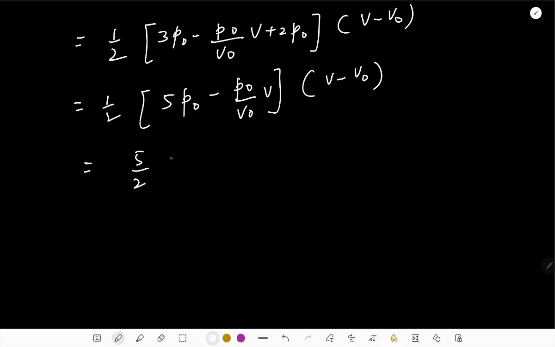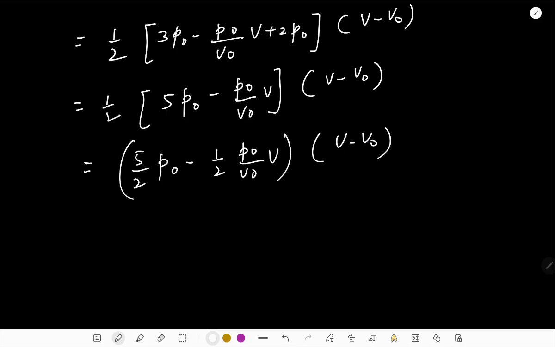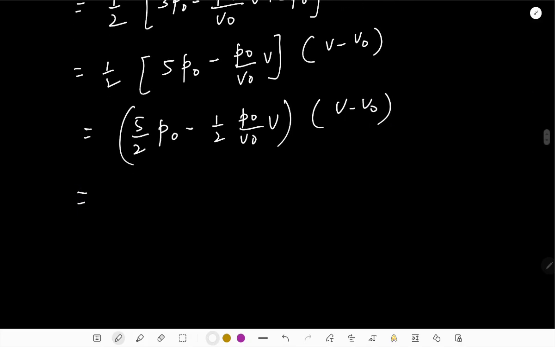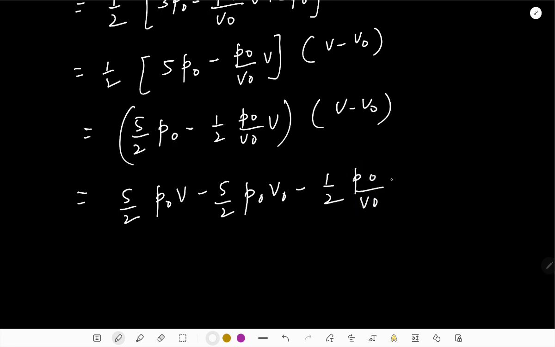So this will be 5 by 2 P naught minus half P naught upon V naught multiplied by V minus V naught. And this will be simply 5 by 2 P naught V minus 5 by 2 P naught V naught minus half P naught by V naught V square plus half P naught V.